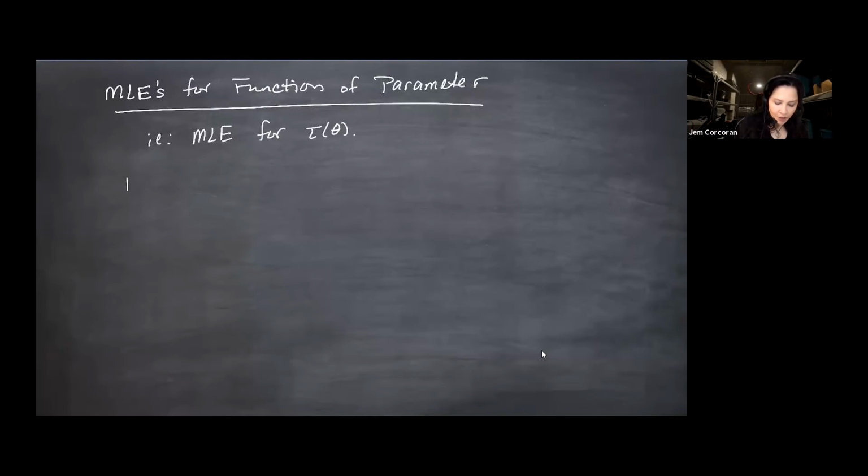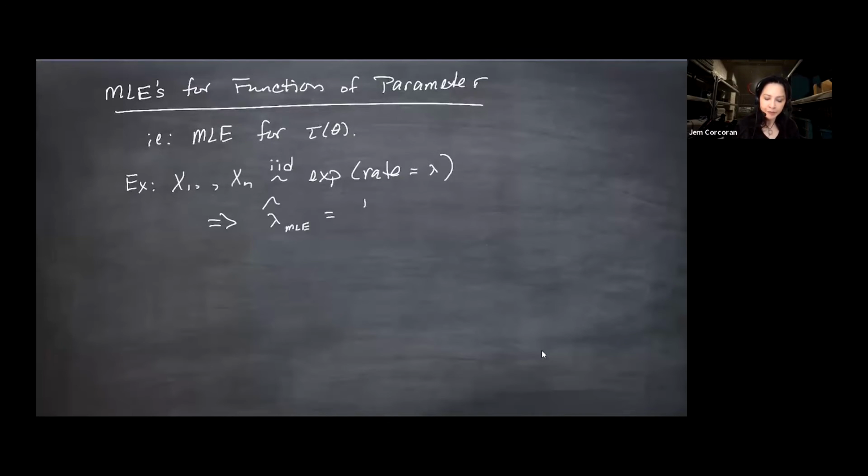So let's go back to our exponential example, which I think was our first continuous example here. If we have x1 through xn IID exponential with rate lambda, then the MLE for lambda is 1 over x bar. We figured that out last time. If it's not clear, I can put an MLE subscript on there.